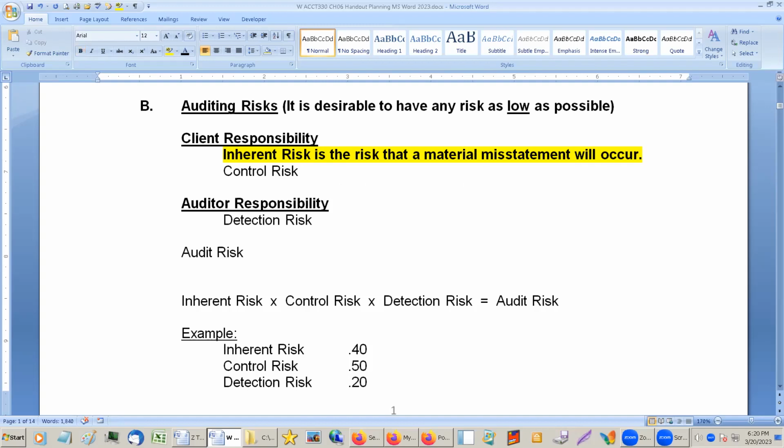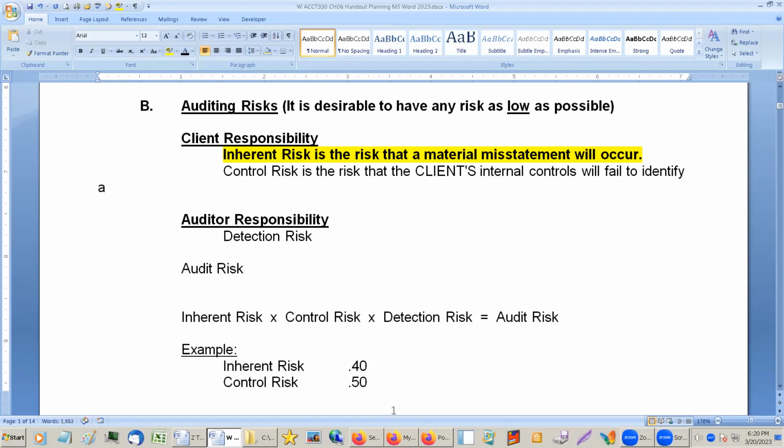Control risk, the risk that the client's internal controls will fail to identify material misstatement.